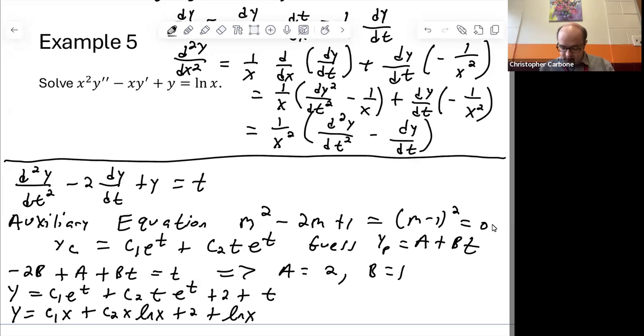And this came from the fact that e to the t was equal to x and t is equal to the natural log of x. And just to point out, this is assuming our interval was from 0 to infinity.